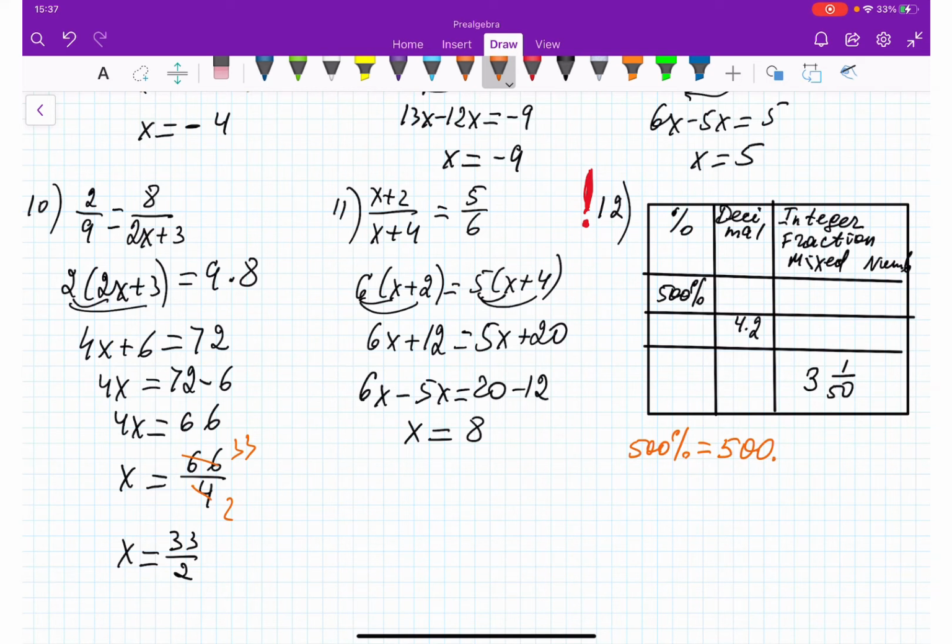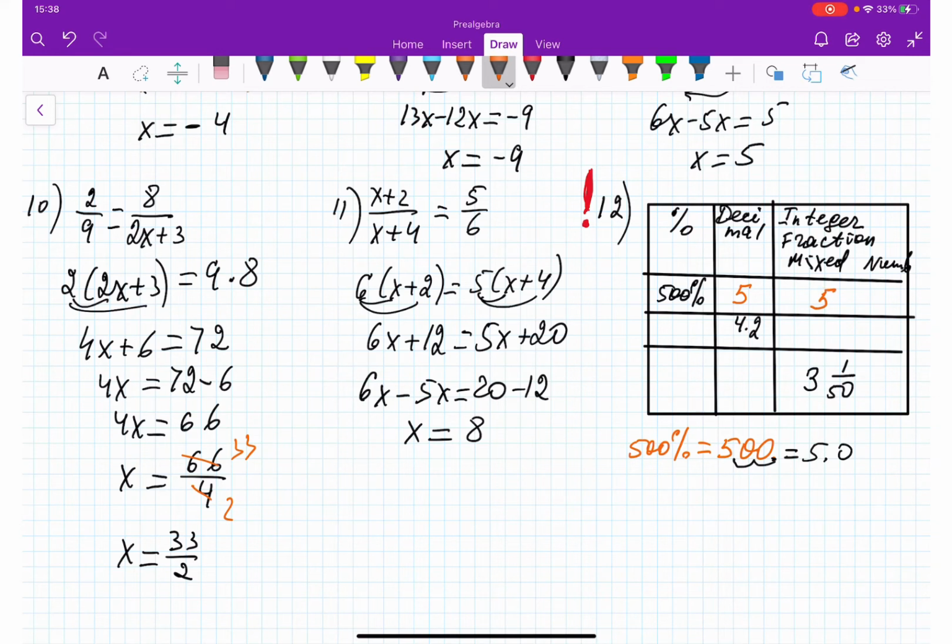So divided by 100, 2 zeros, 2 positions, 1 and 2. As a decimal notation it is going to be 5. Well, you can represent 5.0, doesn't matter. So once we got decimal notation, this is going to be 5. And now from 5, we're going to convert into integer, fraction, and mixed number. Since the number is a whole number, an integer, we leave it the way it is, 5.